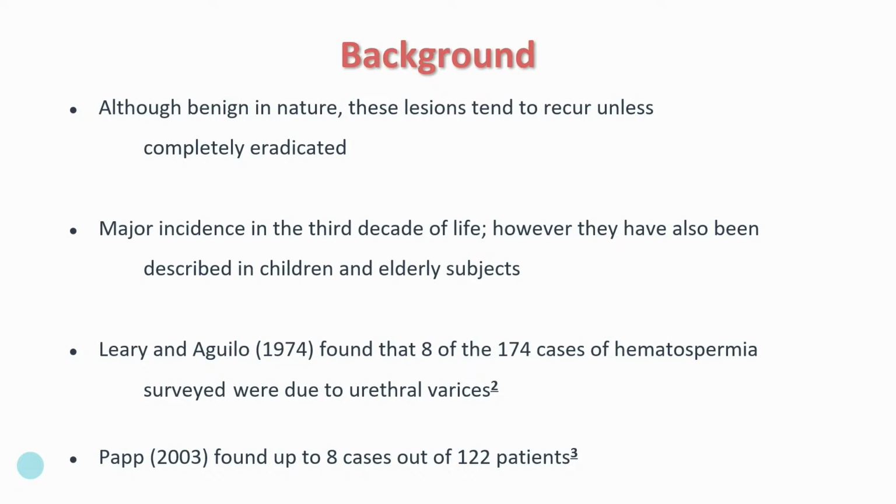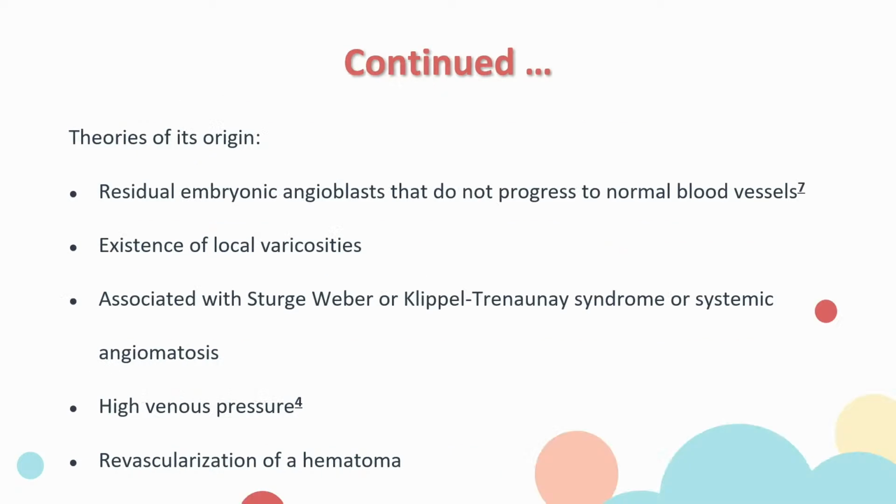In the literature, it represents 4 to 7% of the underlying causes of hematospermia in patients who present to you. Papp found 8 cases out of 122, which is about 7%.